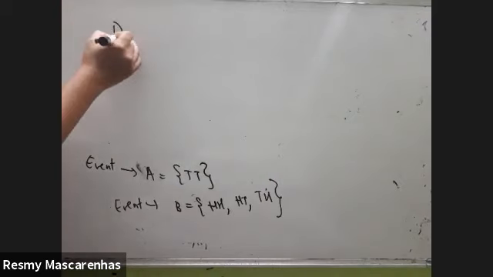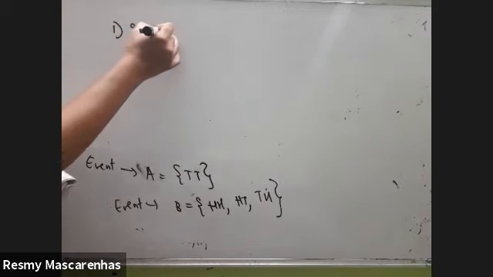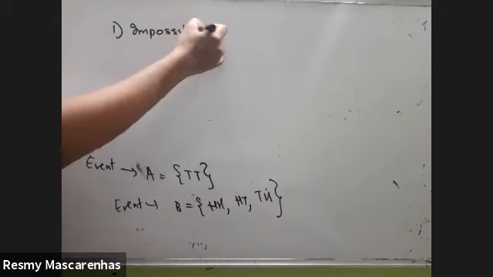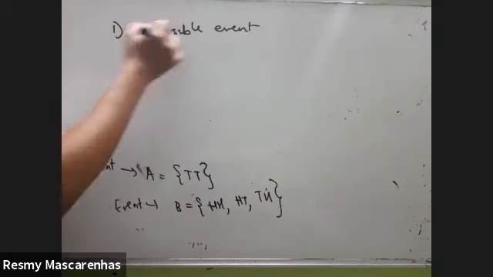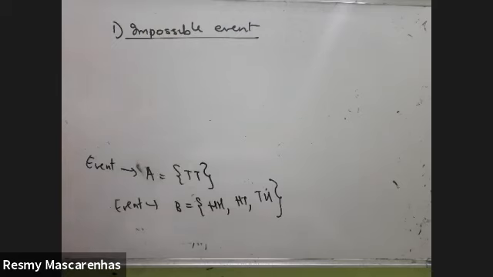First one is the impossible event. Impossible means whatever condition they are putting, it doesn't exist in the sample space.